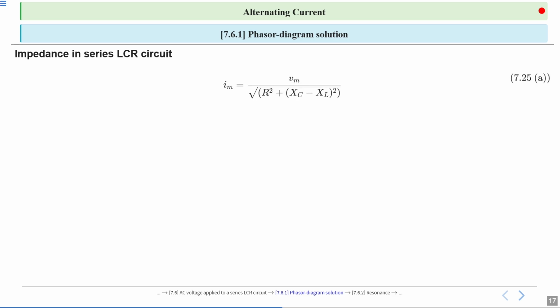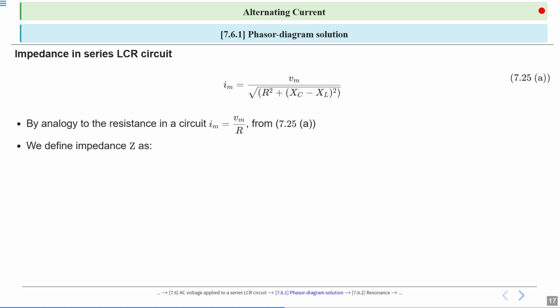Now, impedance in the series LCR circuit. We have derived Im equal to Vm upon root of R square plus (XC minus XL) square, equation 7.25a. Now we draw the analogy, as we did in the inductive and capacitive circuits. In a resistive circuit, Im equals Vm upon R. So this whole term, root of R square plus (XC minus XL) square, plays the role of resistance.